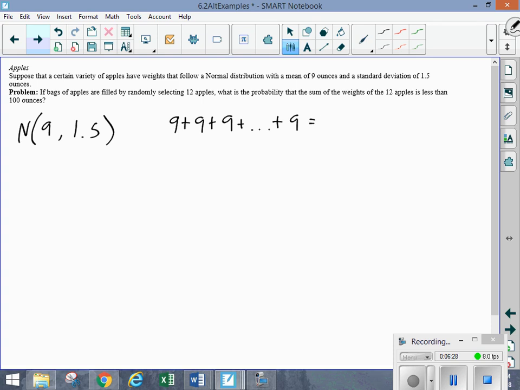So I'll have a new mean, we'll call it. And then the same with our standard deviation, right? And there are going to be 12 of them, of course, right? Our standard deviation we're going to have 1.5, and we're going to do that 12 times.